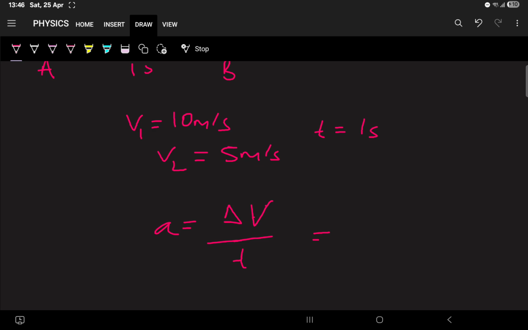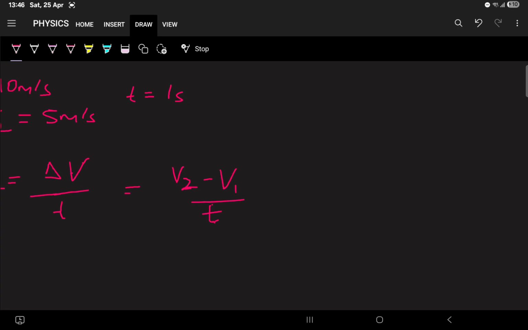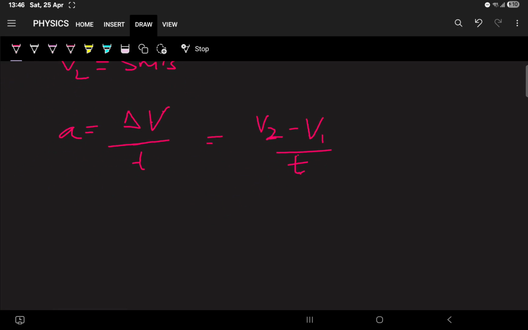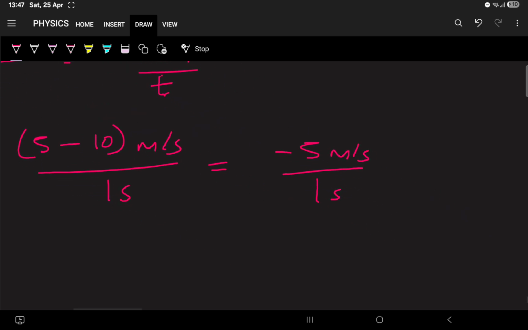Now this is going to be V2 minus V1 divided by t. Now V2 is given by 5, V1 is given by 10 meters per second, over 1 second. Now this is going to be negative 5 meters per second over 1 second.